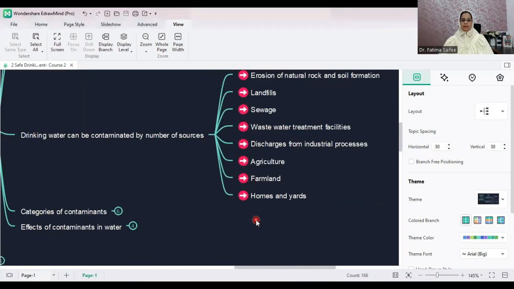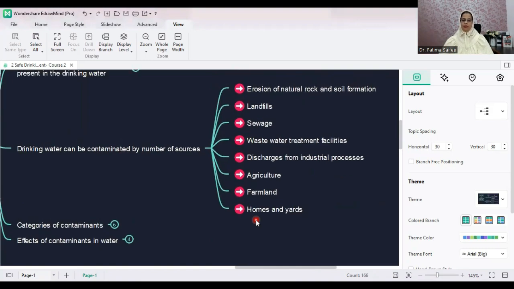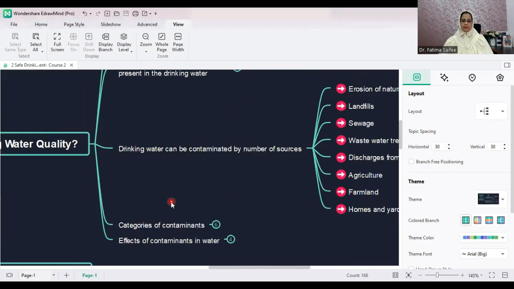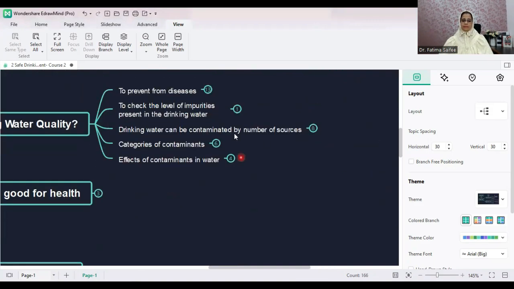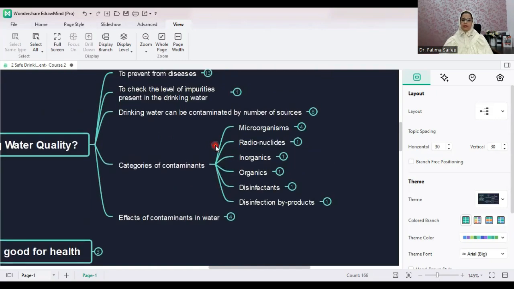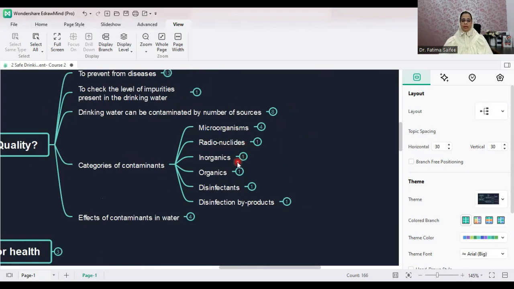So we have seen different levels and different sources of contamination, and what the categories can be. The categories are microorganisms, radionuclides, inorganics, organics, disinfectants, and disinfectant byproducts.